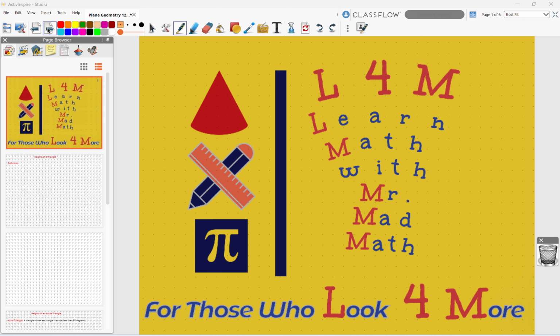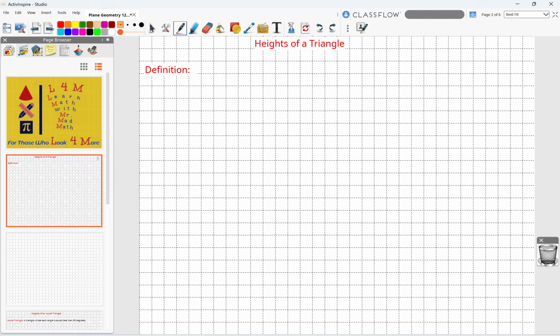Okay, what's the height of a triangle? Let's write the definition of a height.